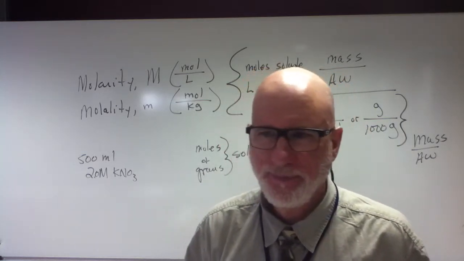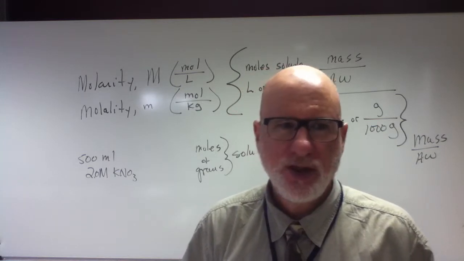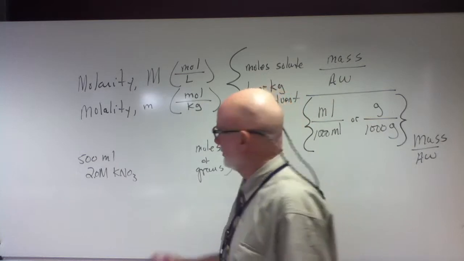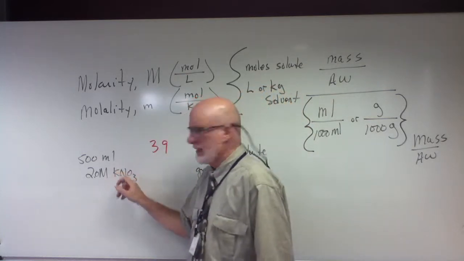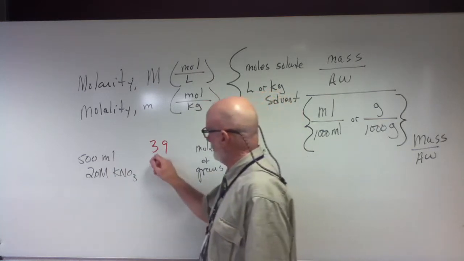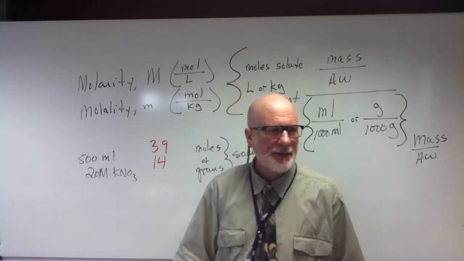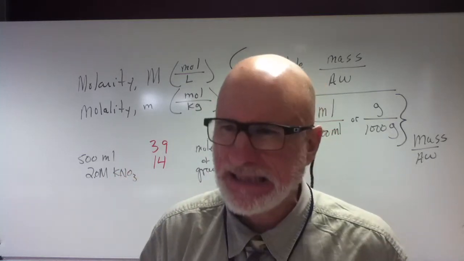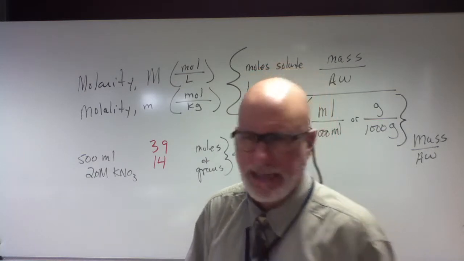Anybody? 39. Just mass number. So 39, right? And then nitrogen is what? 14. I have one nitrogen, one potassium. How about oxygen? 16 times 3 is what? 48. Excellent.